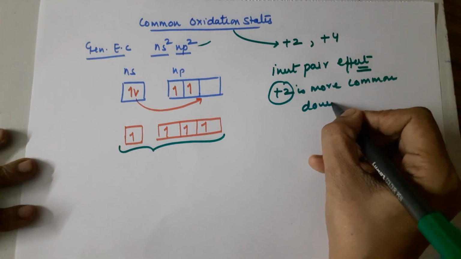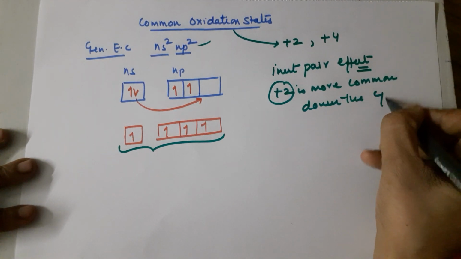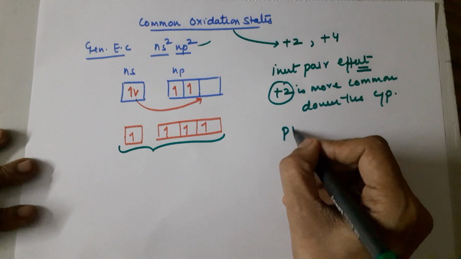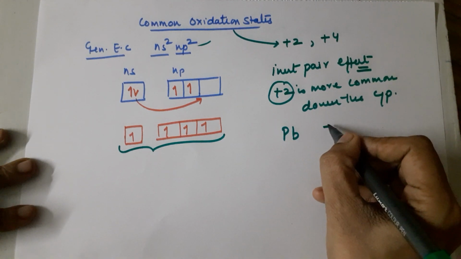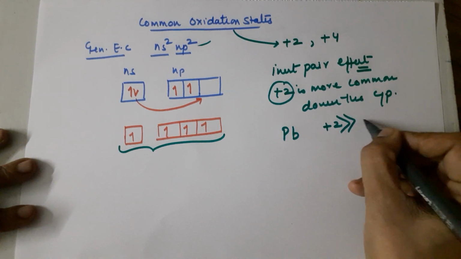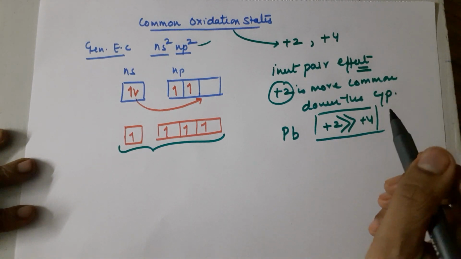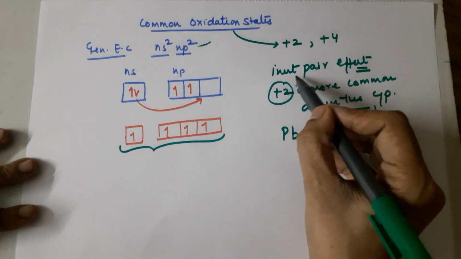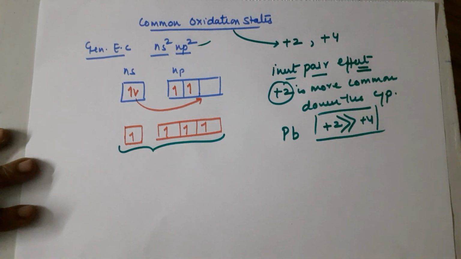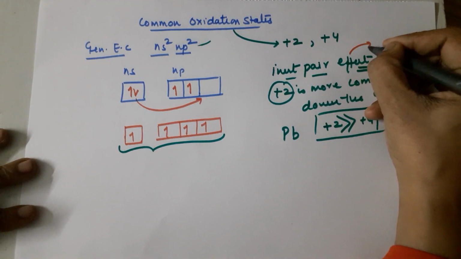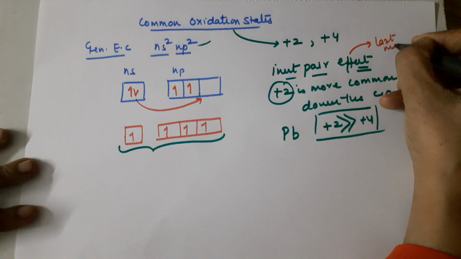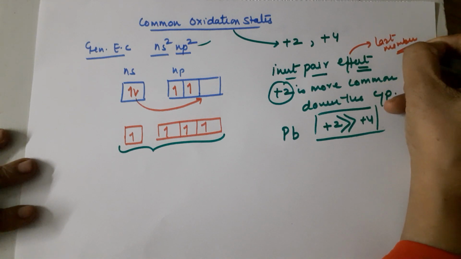In fact, lead shows +2 much more as compared to +4, which is the reason we say lead shows inert pair effect. Inert pair effect is actually a property of the last member of each and every group.